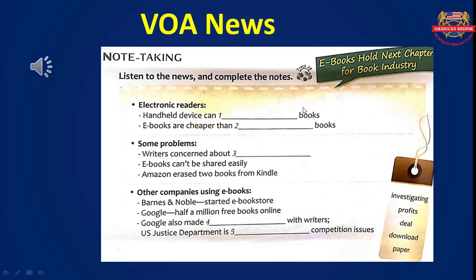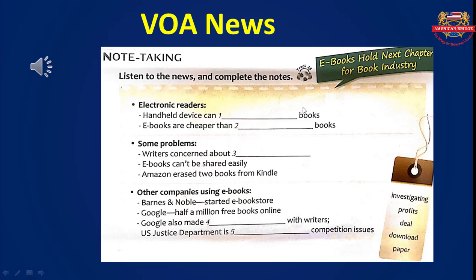A book can be shared easily, and Amazon erased two books from Kindle. Okay. Other companies using ebooks. So what is that? Barnes and Noble started an ebook store. Okay. And Google has 1 million free books online.